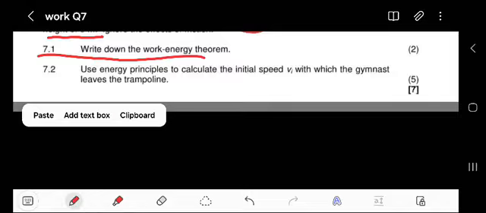We know that the work energy theorem states that the work done on an object is equal to the change in the object's kinetic energy. Hopefully you know that. Let me display it here on the screen.